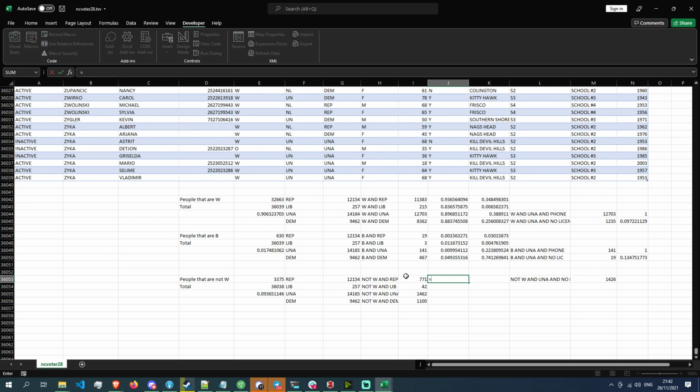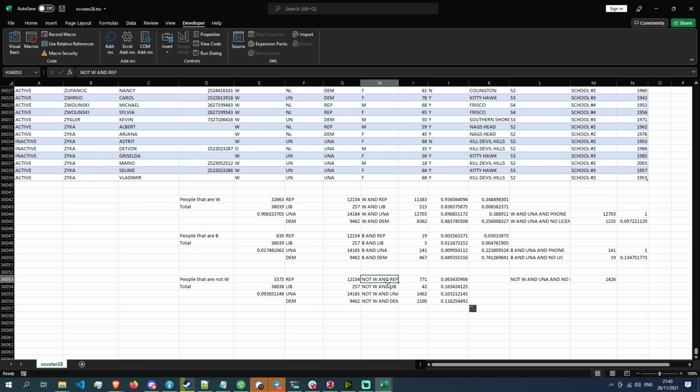So let's do this versus this. As we can see, we have 11% that are not white and Democrat, 16% that are not white and liberal, 10% that are not white and unaffiliated, and 6% that are not white and Republican.